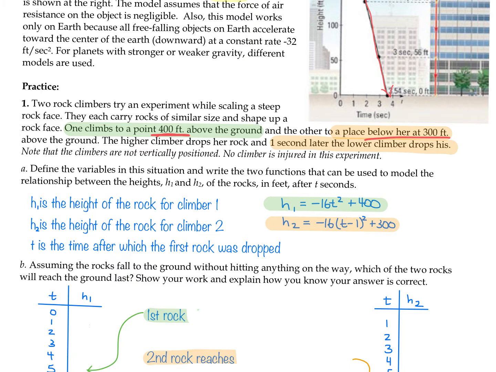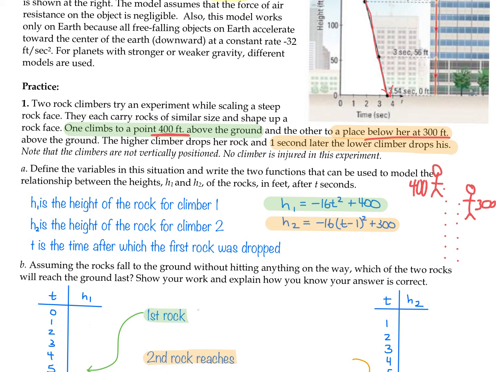So for example, one climber is at 400 feet, and then the other one is maybe over here at 300, and then they each drop a rock that's falling. So we wrote equations for each of these using the equation negative 16t squared plus their starting height. So the first one is negative 16t squared plus 400.